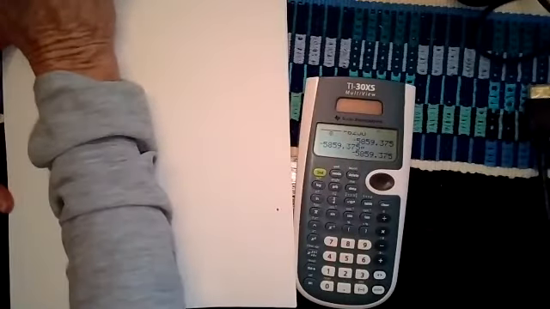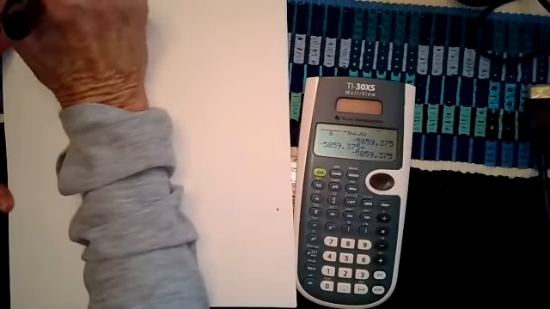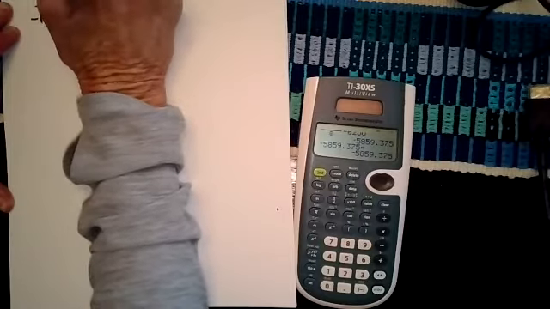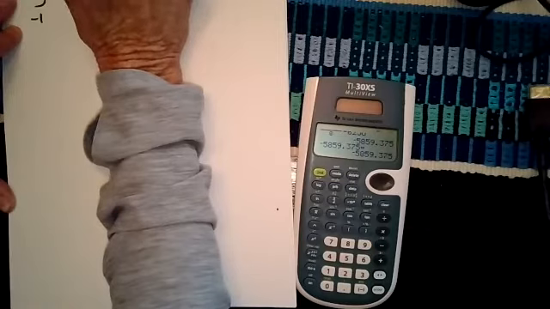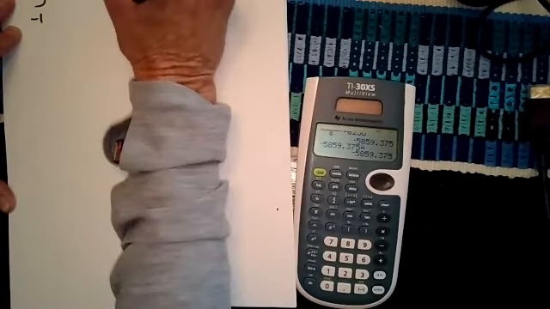I promise. The integral from -1 to 3 of 8x e to the negative x squared plus 7 dx.